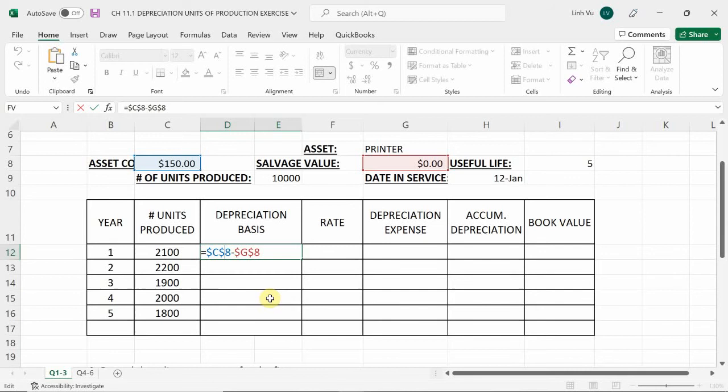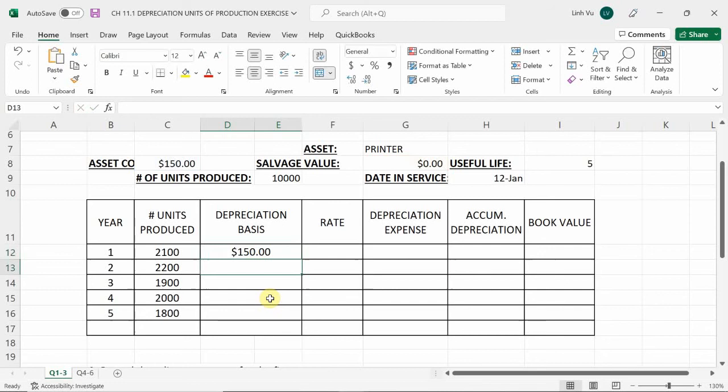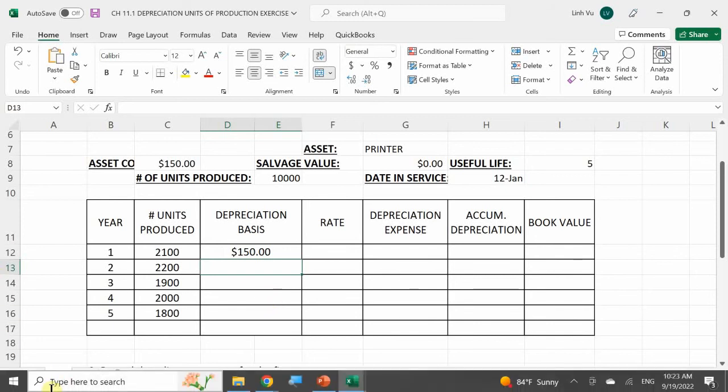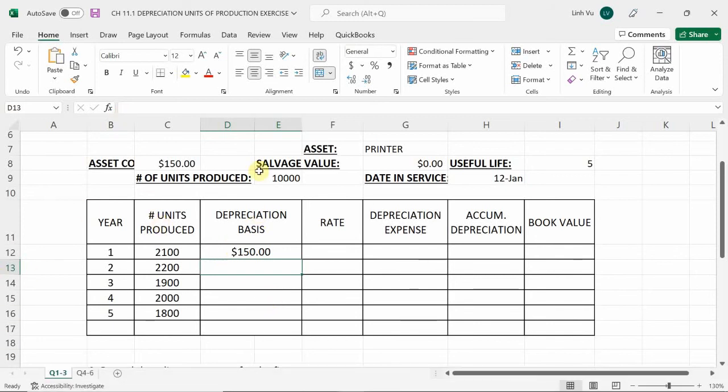But in this case, I want to only calculate my asset cost minus my salvage value. If you're doing pen and paper or Excel and you are not familiar with absolute or relative cell referencing, you're more than welcome to just type in your answers. So good, $150 is true. That is your depreciation basis.